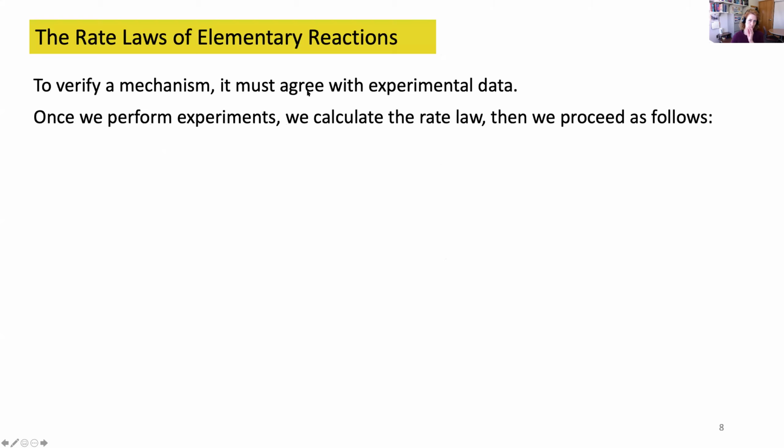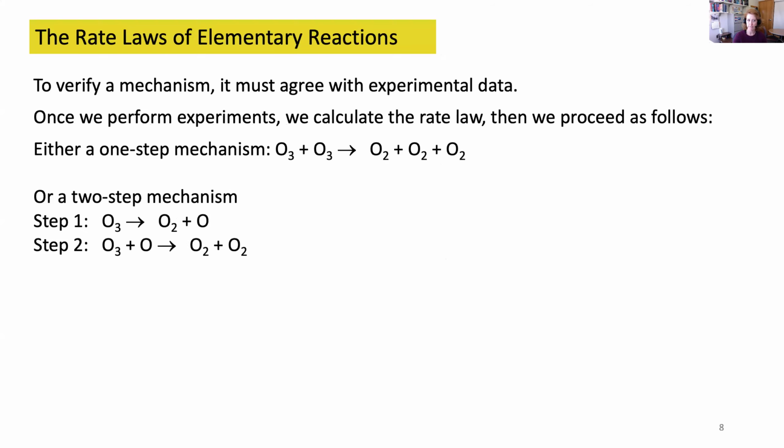Okay, so to talk about the rate laws of elementary reactions: to verify a mechanism, to verify that you have set up the correct sequence of elementary steps, you have to agree with the experimental data. You can perform experiments, calculate the rate law, and this is how you would use your elementary reactions to verify your mechanism. So we have 2 options.